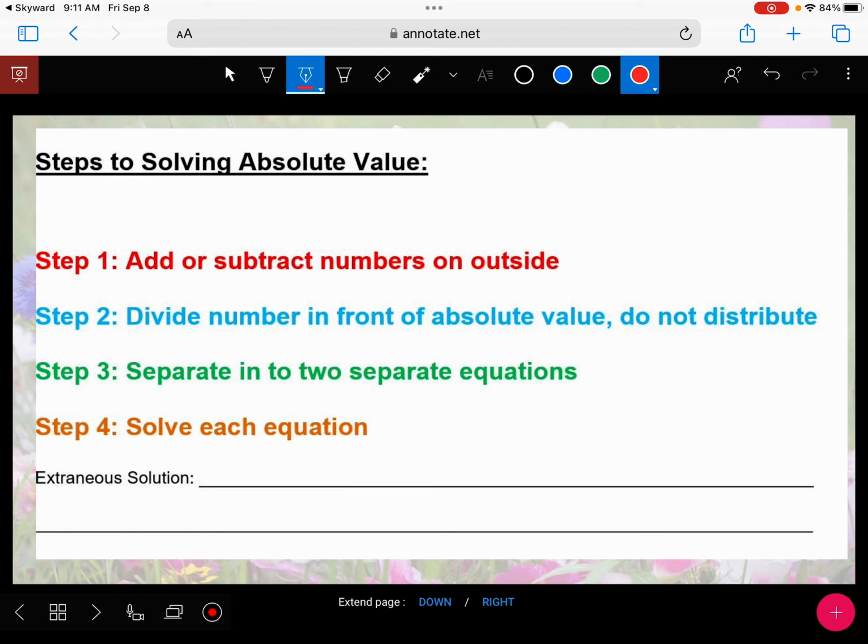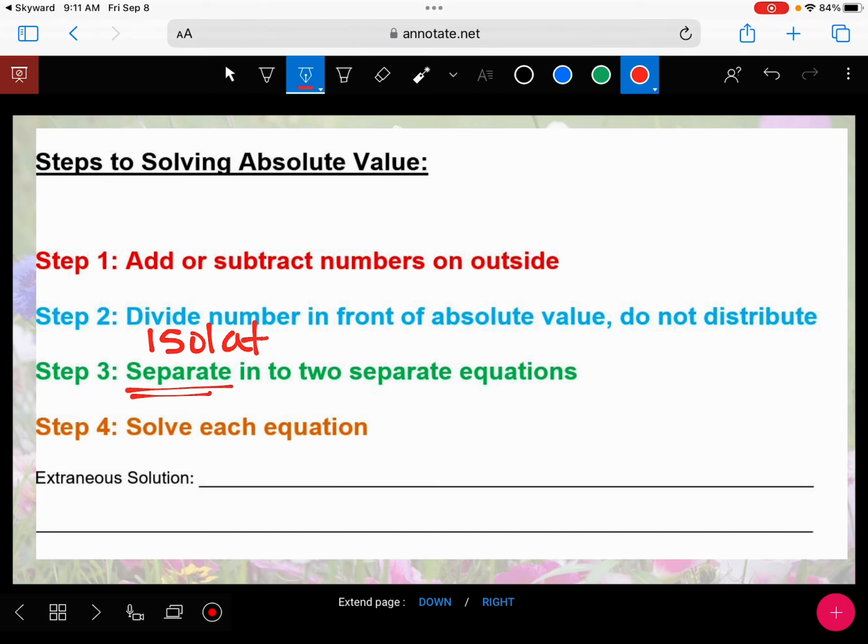Okay, so the first thing we're going to do is add or subtract numbers on the outside, divide numbers in front. We cannot distribute, and separate into separate equations, and then we're going to solve. But the key thing here is that we have to isolate it. Before we separate, we have to isolate.